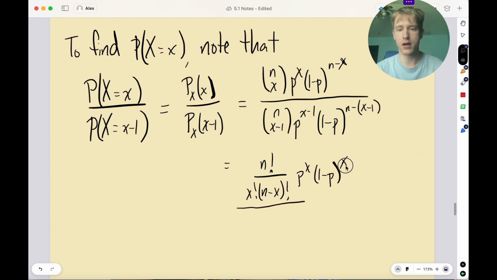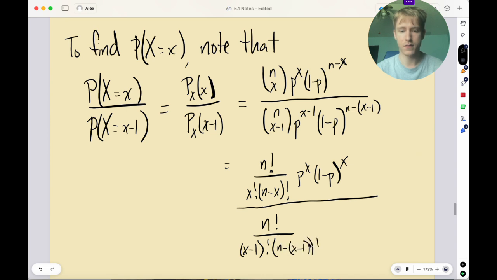And the denominator is going to be n factorial divided by x minus 1 factorial times n minus x minus 1 factorial times p to the x minus 1 times 1 minus p to the n minus x minus 1.